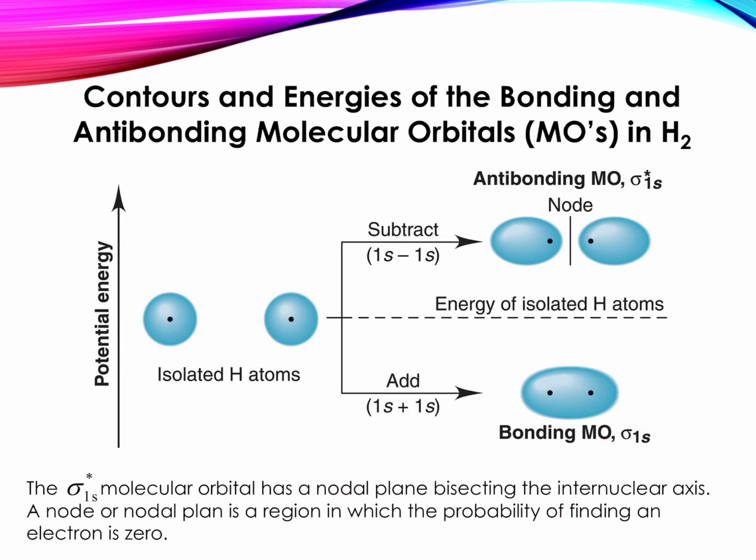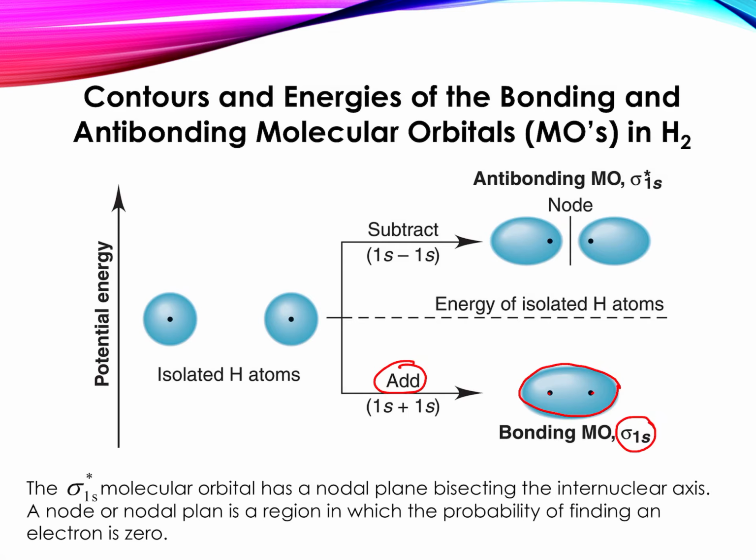So here's another way of looking at it. If we have our 2 hydrogen atoms, they just have their 1s, they're just spheres. And when we add together our 1s, these are going to have a favorable overlap. If we have a bonding molecular orbital, the sigma 1s, they will have a favorable overlap and look like this, where we have our 2 nuclei, and this region of electron density where electrons can exist between the atoms.